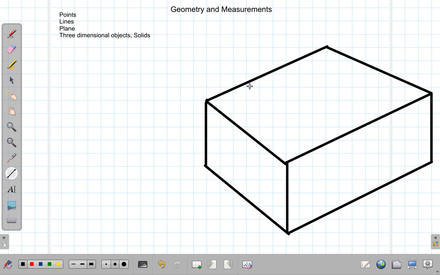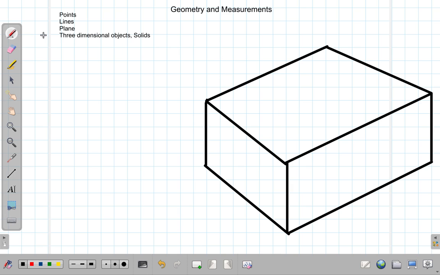Looks like a box, right? Or some type of what is called a cuboid. I call it a cuboid, not a cube, because I did not try to intentionally make all the sides equal in length. If they were equal in length, then I would have a cube. But this is a cuboid.